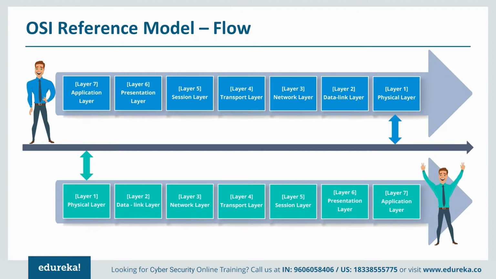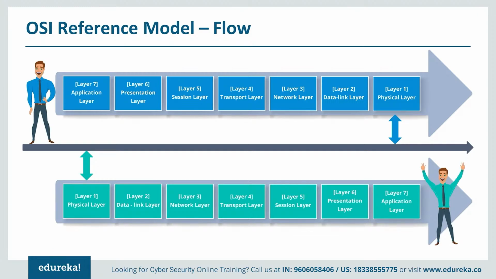Any data originating from the user originates from the application layer. It should pass through the 7 layers below, and again it has to move up at the recipient's end. The data origination is only from the application layer at either end.